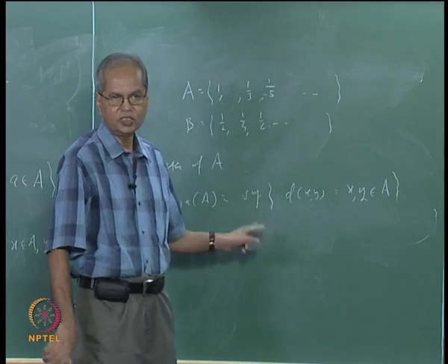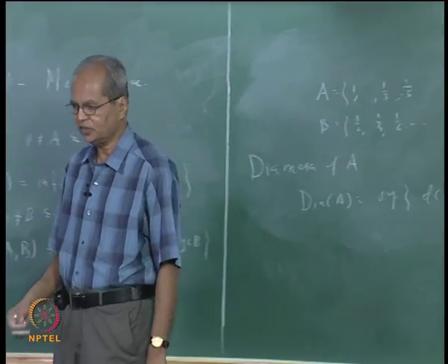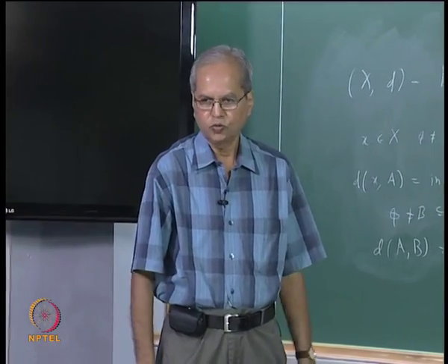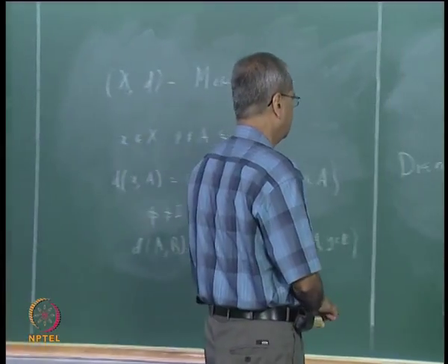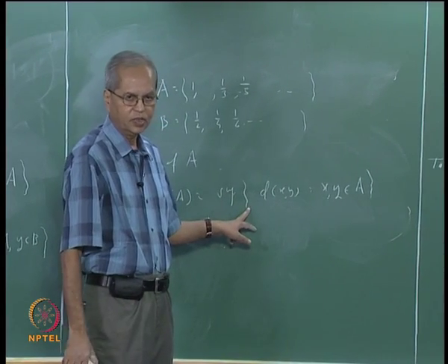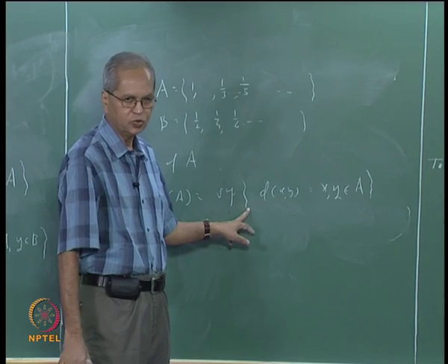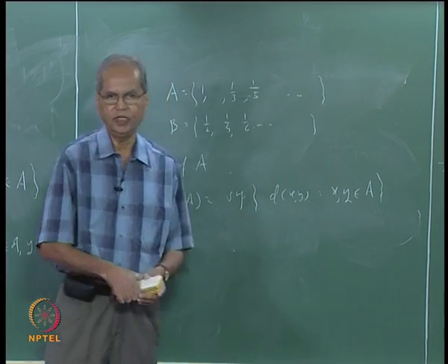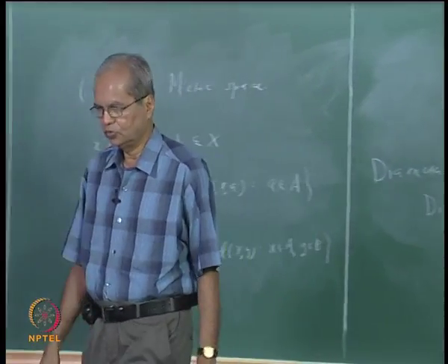It is in cases like this that the extended real line comes into help. If the set is unbounded, you take the supremum as infinity. So in that case we will say that the diameter is infinity.